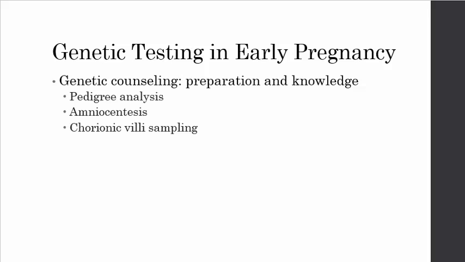A lot of genetic testing is done now to help prepare parents and families prior to the arrival of a genetically ill child. Genetic counseling is all about preparation and knowledge. Nowadays, they've been looking at pedigree analysis. So you see more information with understanding that you have a history of Tay-Sachs in your family, a history of muscular dystrophy, a history of sickle cell anemia. They can perform amniocentesis, or they can perform chorionic villi sampling.